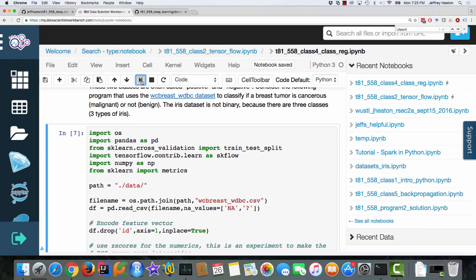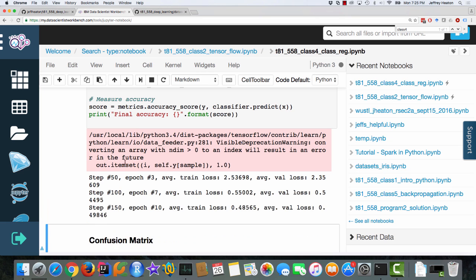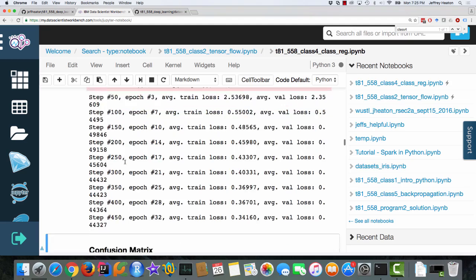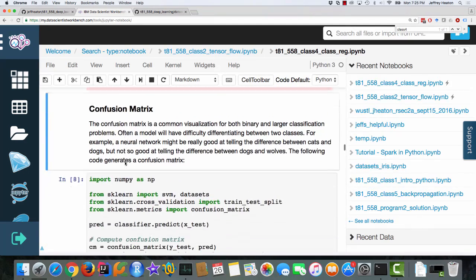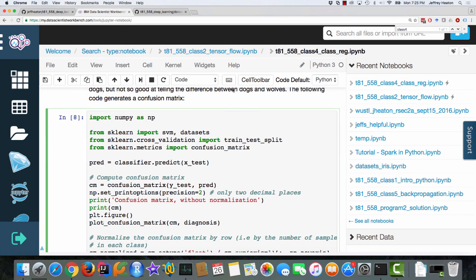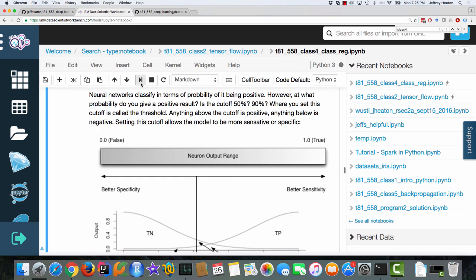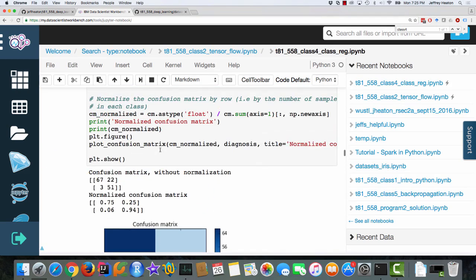Then I'm going to run this. And you'll see, hopefully, the neural network start to train. So it's training. Then we run this, and we get the regenerated confusion matrix.